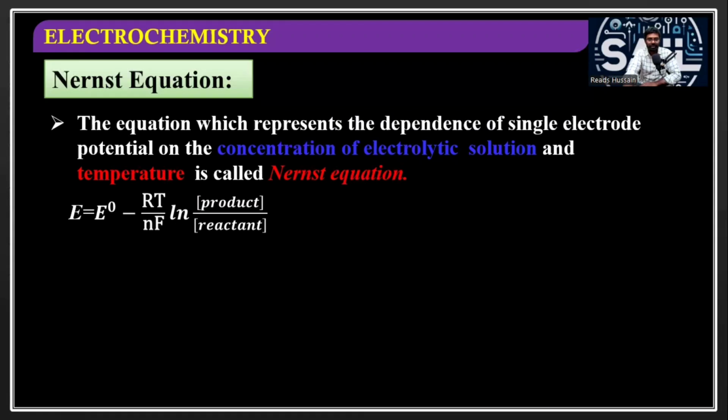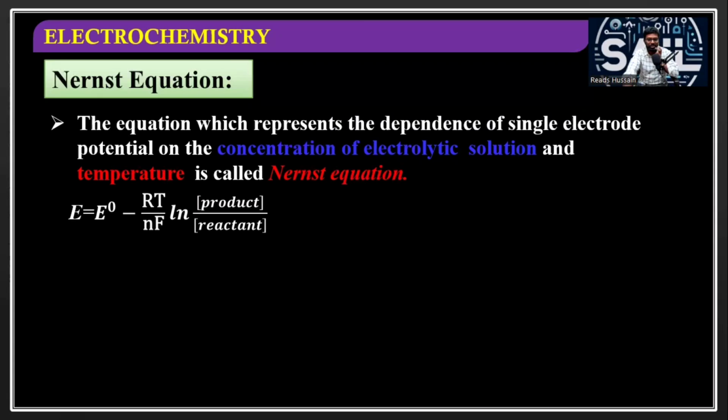In RT by nF, R is the gas constant and T is the absolute temperature. n is the number of electrons transferred during the process.